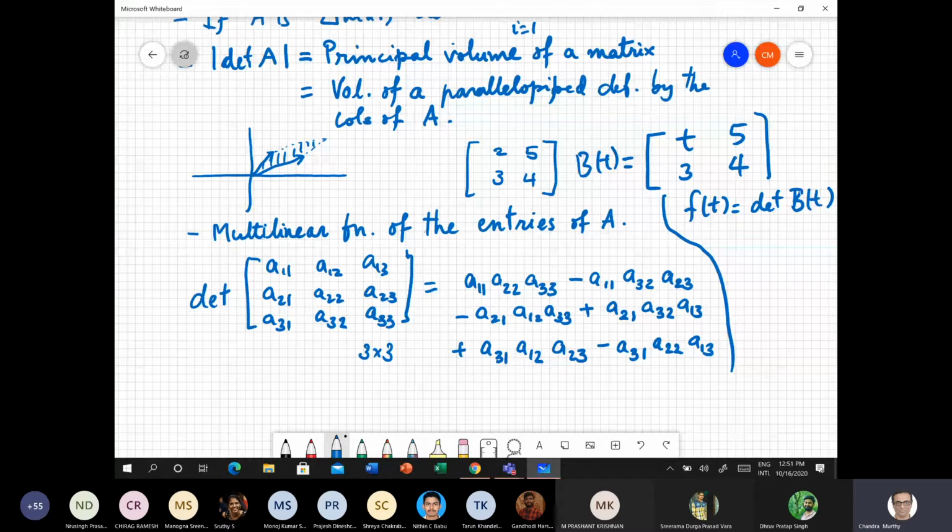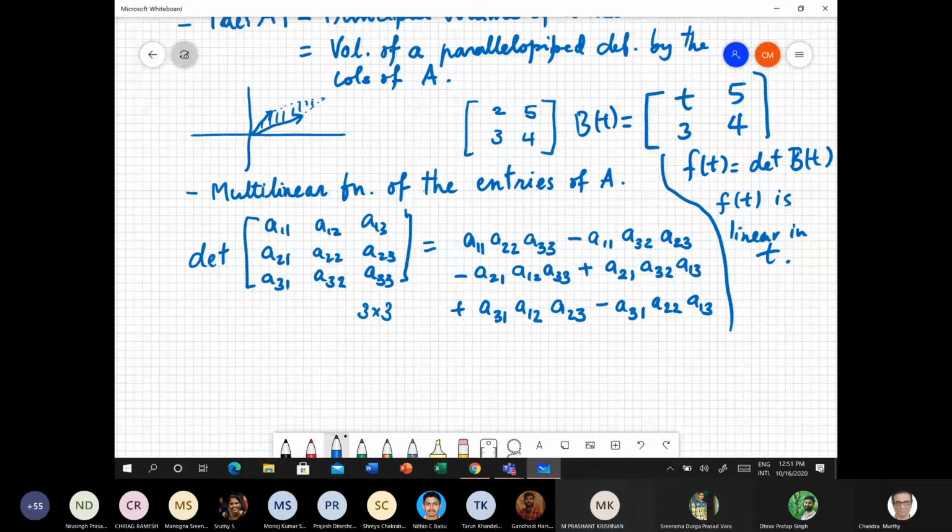If I define f of t to be the determinant of B of t, then f of t is linear. Yes, this is what I'm trying to say. Okay, sir.